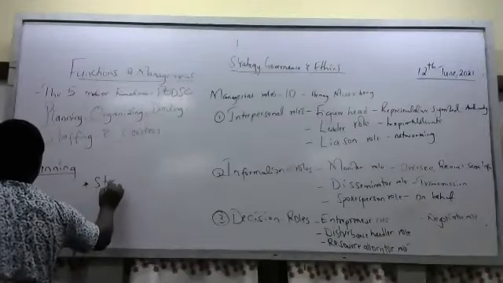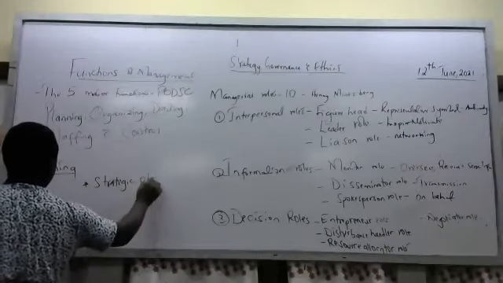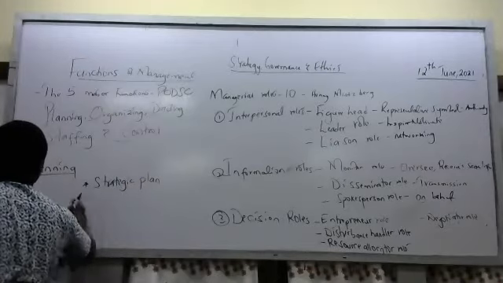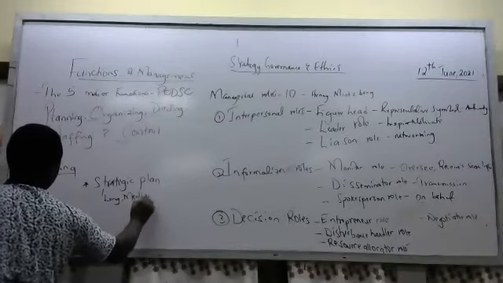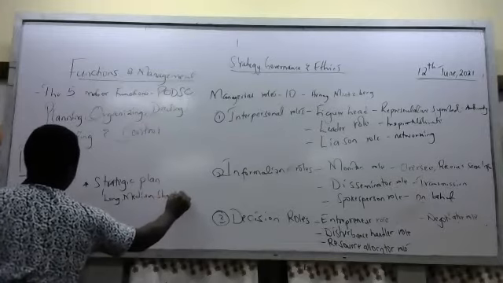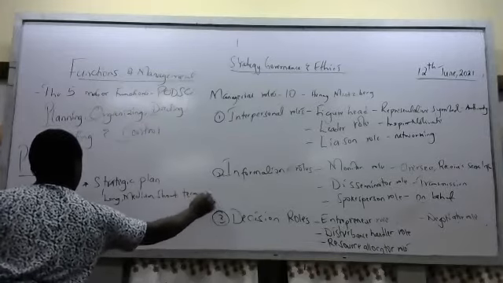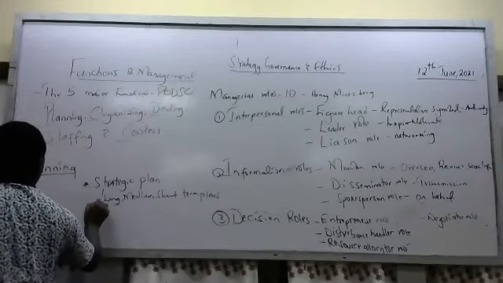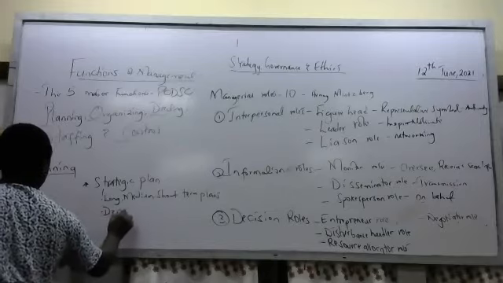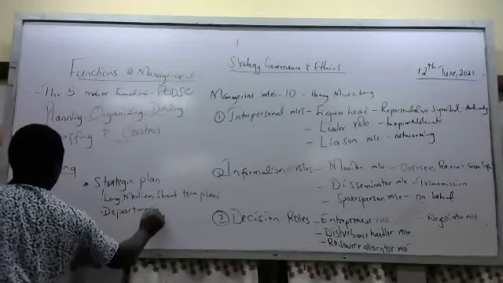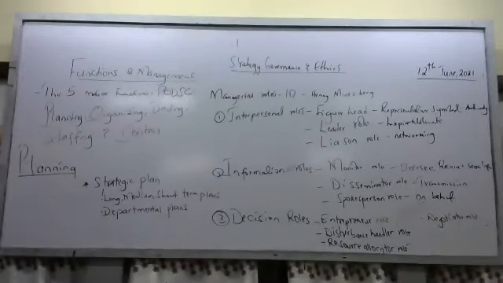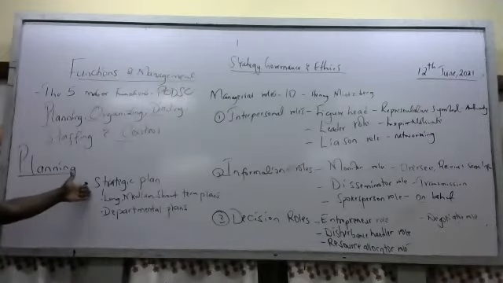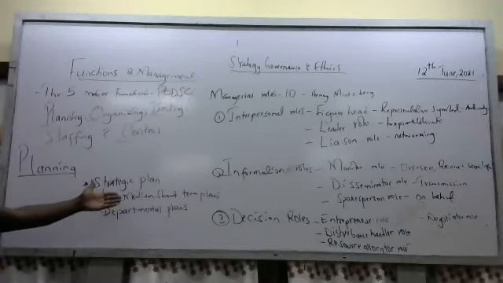There is the strategic plan. You would have what is called a strategic plan, which is for the whole organization, and that strategic plan will be divided into long-term, medium-term, and short-term plans.